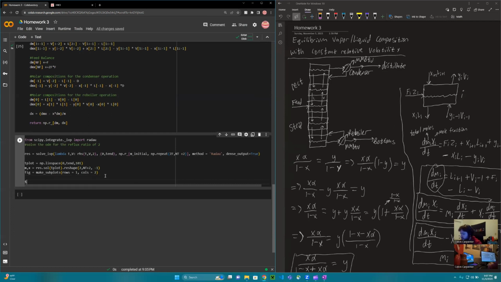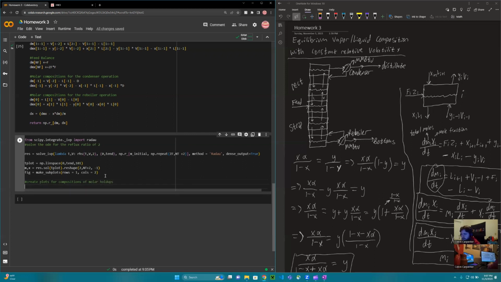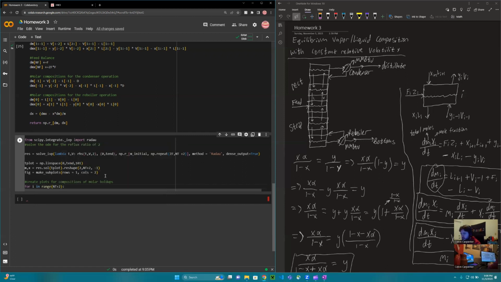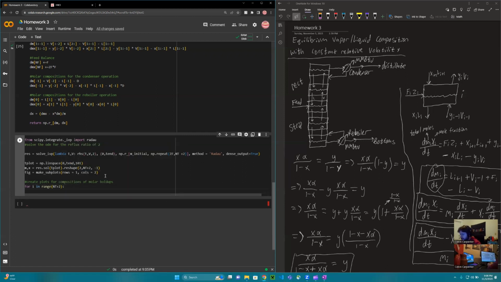So now we're going to create plots for compositions of molar holdups. For i in range, nt plus 2, colon, fig dot add_scatter. Accidentally typed fin.